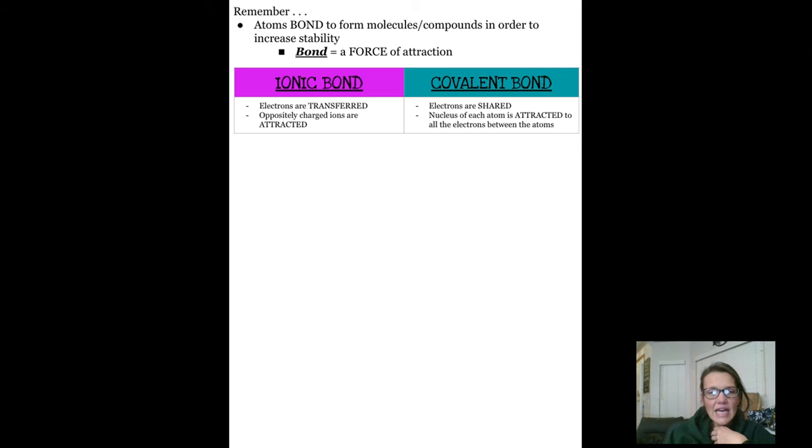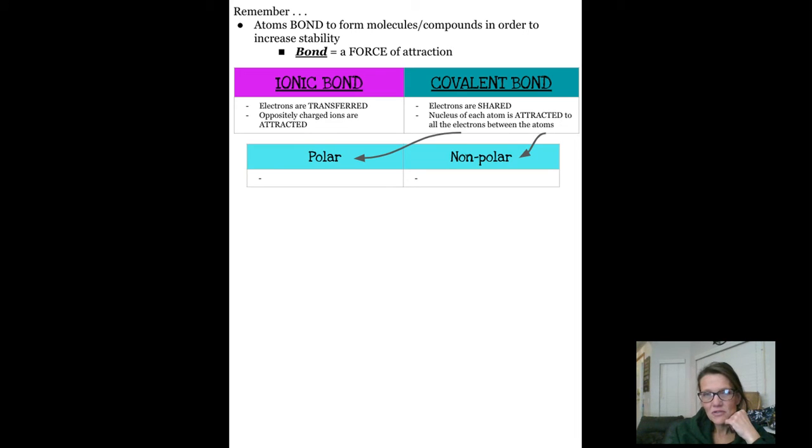When you have an atom in a molecule that is really more attracted to the electrons, has a higher electron affinity, we did use that word in class, it's going to pull unequally on the electrons. And so it will create a different kind of covalent bond. So there's actually two different types of covalent bonds that you can see. There's a polar covalent bond and a non-polar covalent bond.